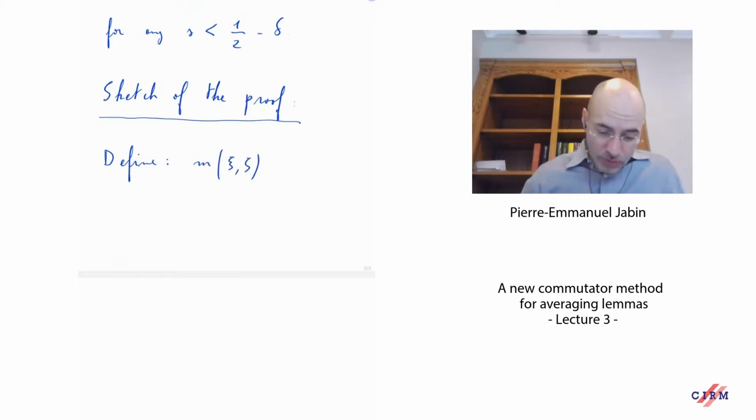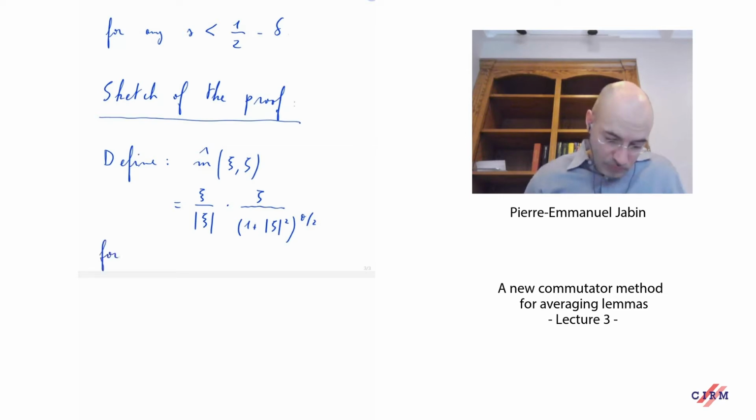And so let me define now M, right, directly the multiplier in Fourier, for some theta strictly less than 1.